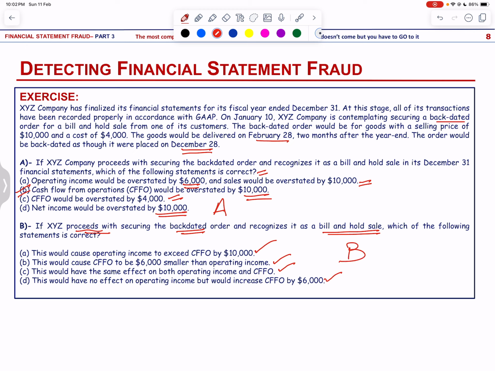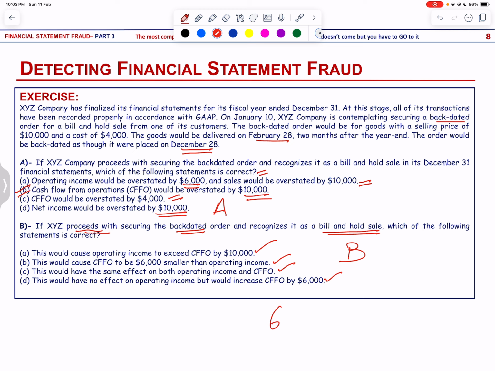And the reason behind B is that while operating income would increase by 6,000, that is 10,000 minus 4,000, cash flow from operations would remain unaffected. So to calculate CFFO, that is cash flow from operations, we will subtract the 10,000 increase in accounts receivable and add the 4,000 decrease in inventory to the additional operating income of 6,000.